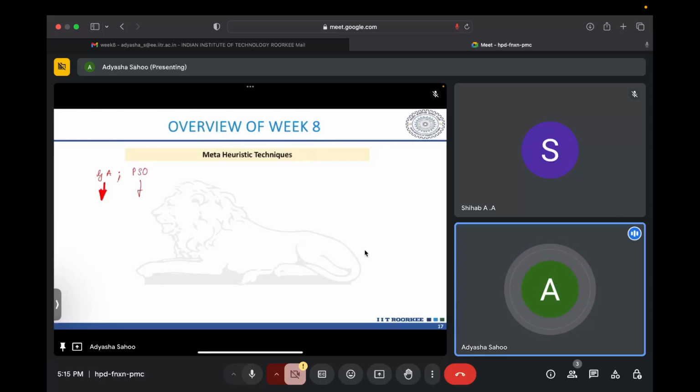PSO, particle swarm optimization, is similarly inspired by how birds find their food. There you have concepts such as global best and local best. Iteratively they update depending upon their experiences so that the birds arrive at their food. These algorithms are formulated in such a way.